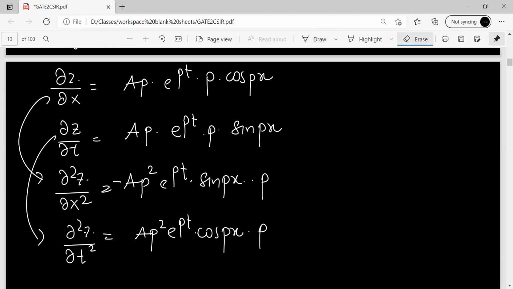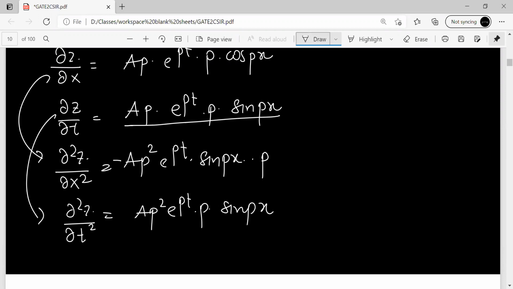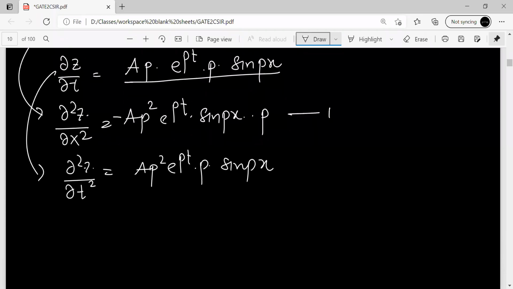I made a mistake here. Since we are differentiating with respect to t here, why am I differentiating it again? So e power pt, and then this p will again come here, and it will be simply sine px. Now look at this equation 1 and 2. What can I say? They are same, so I'll just add it.